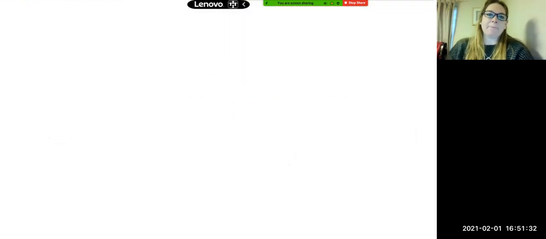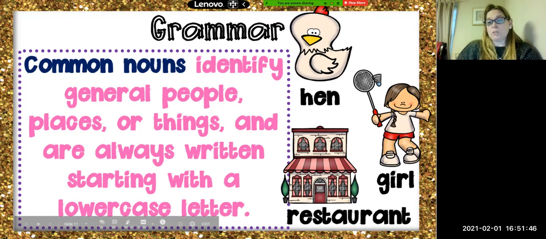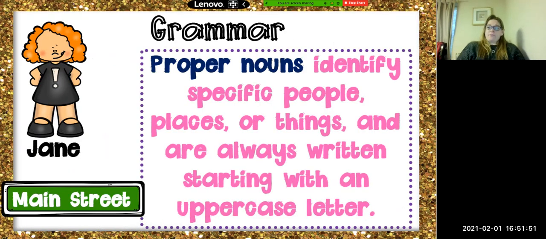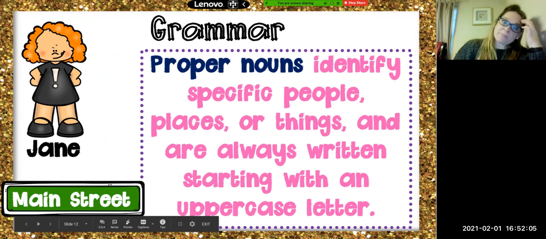Remember, guys, that common nouns identify general people, places, or things, and they are always written with a lowercase letter at the beginning, okay? Like the words hen, girl, and restaurant. But a proper noun identifies specific people, places, or things, and they are always written starting with an uppercase or capital letter, like Jane and Main Streets.